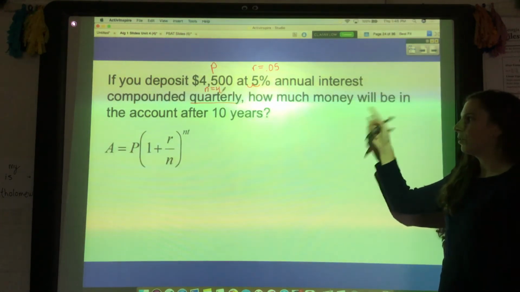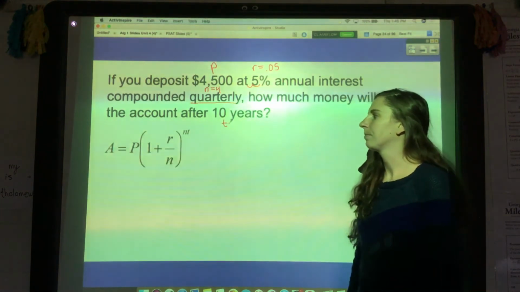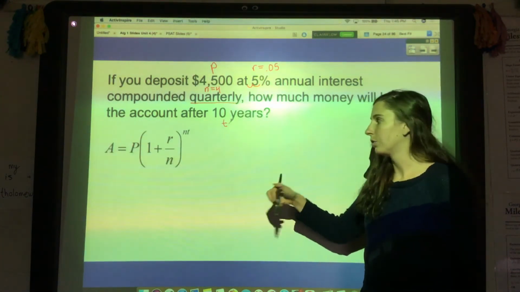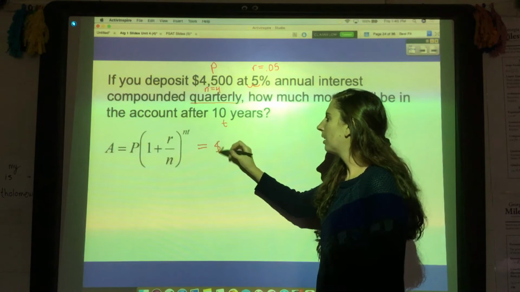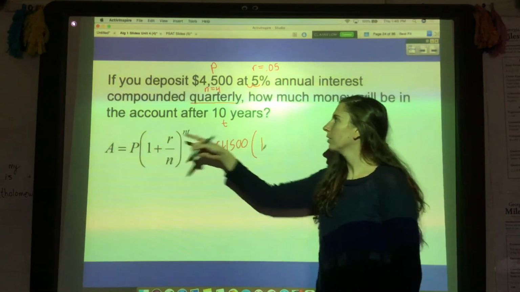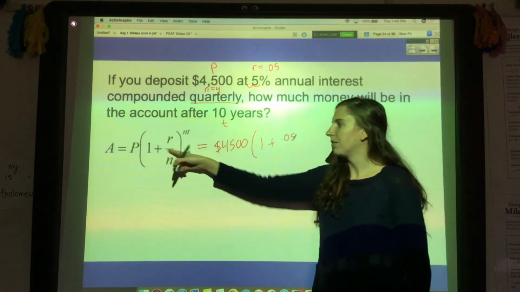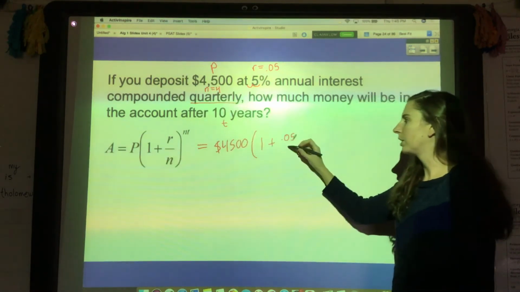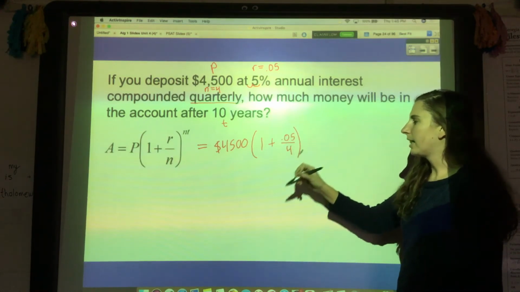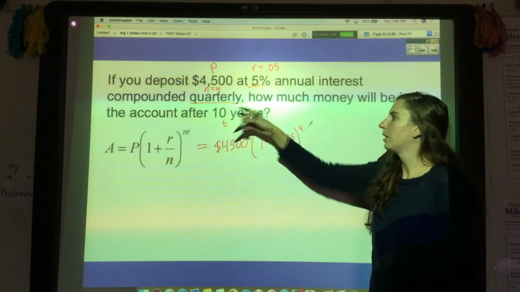So how much money will be in the account after 10 years? That's our time, t. Just plug it all into the formula. Start with the principal amount, 4,500, times 1 plus the rate, so 1 plus 0.05, but I need to divide it by 4 because it's compounded quarterly. And then I'll do to the 4th power times 10, which is time.